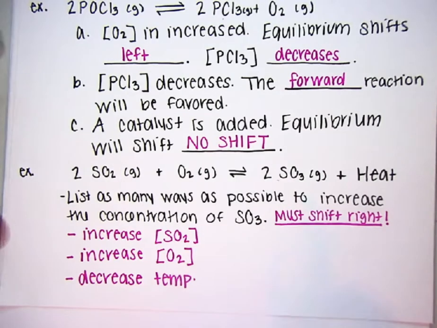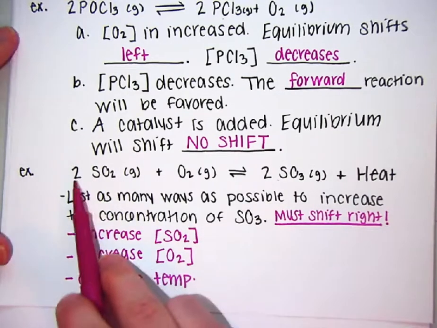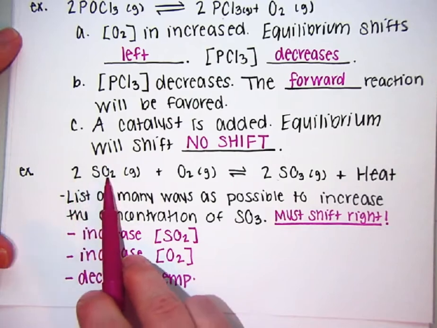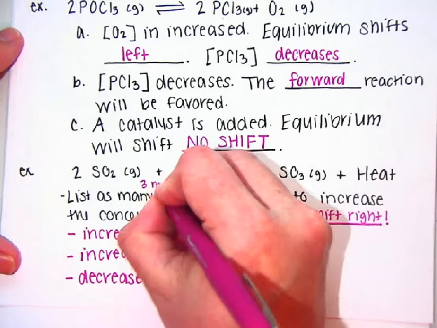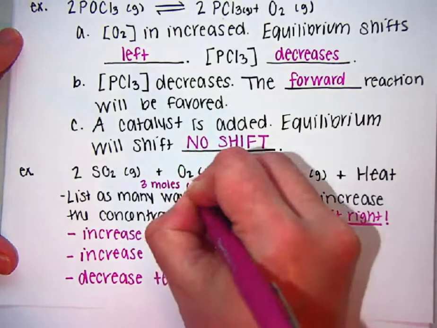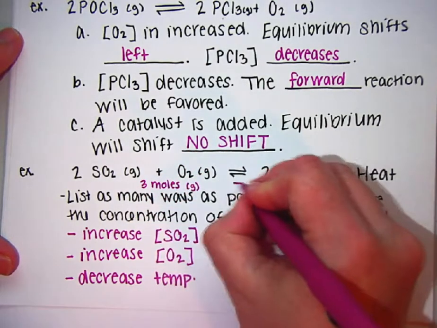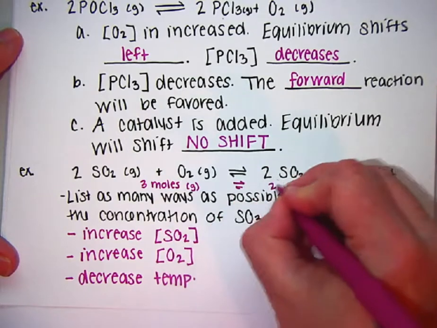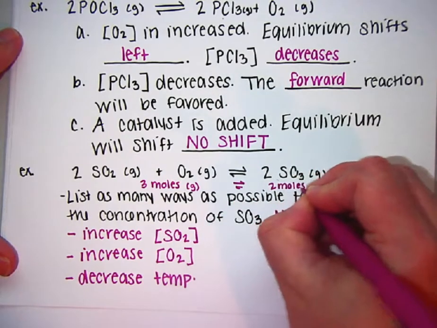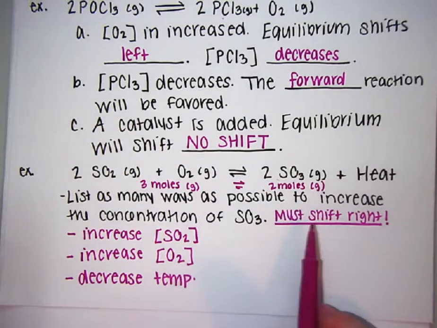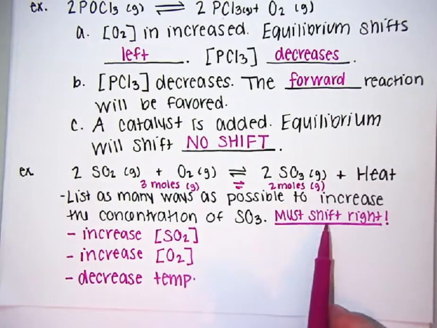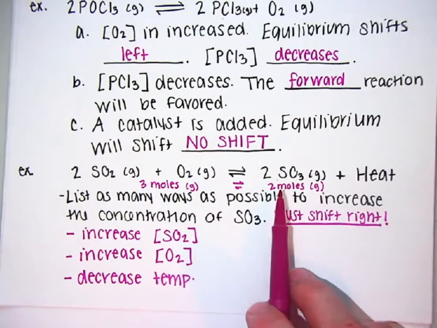Lastly, let's talk about pressure. 2 moles of gas plus 1 mole of gas: 3 moles on the left, only 2 moles on the right. So we want to force it right. We want to force it to the side with less moles.